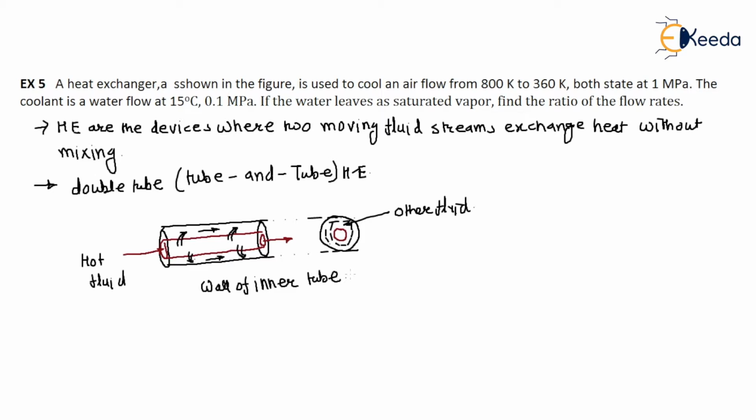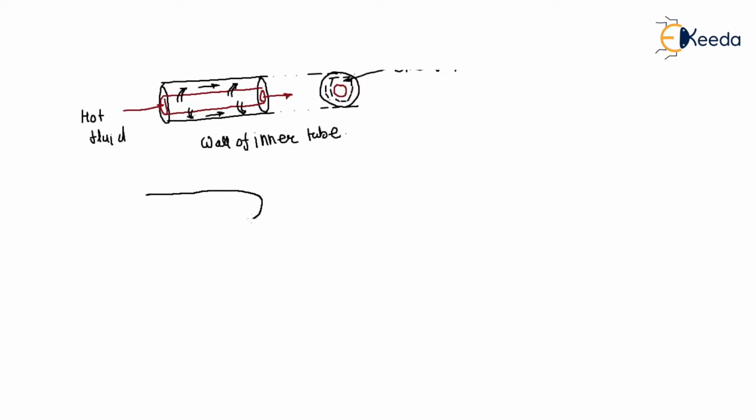Sometimes the inner tube makes a couple of turns inside the shell to increase the heat transfer area and the rate of heat transfer. Sometimes the inner tube is like that, turning over. Why? Because turning increases the heat transfer area.